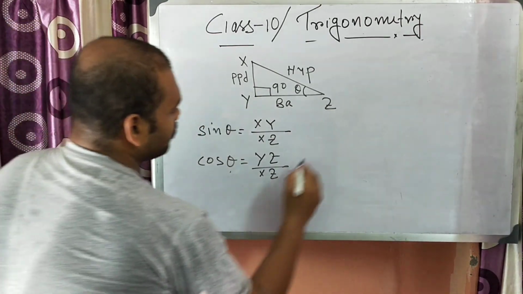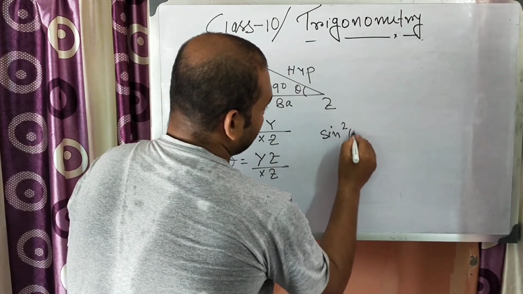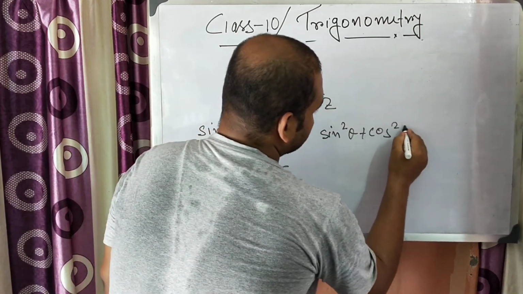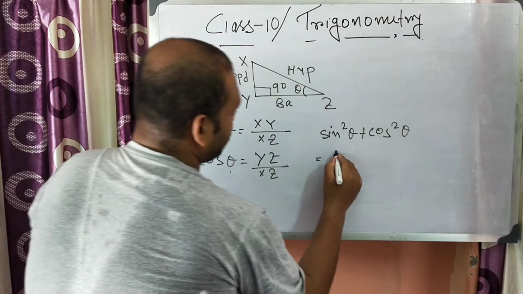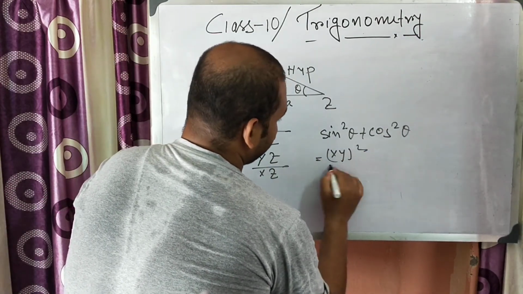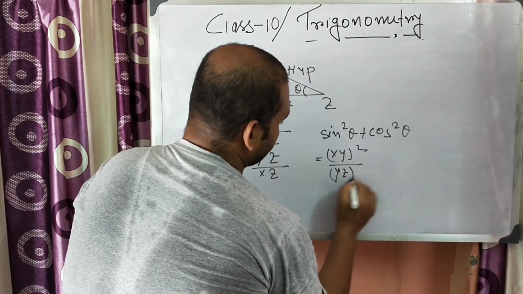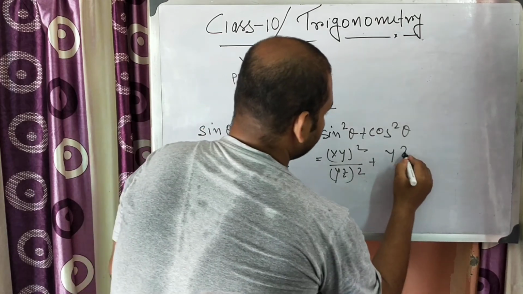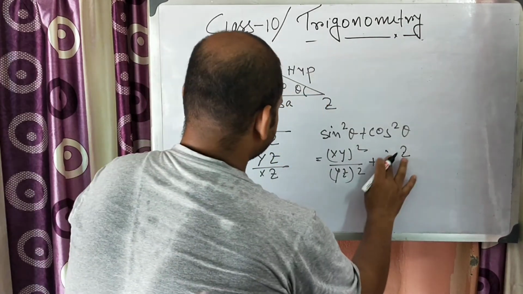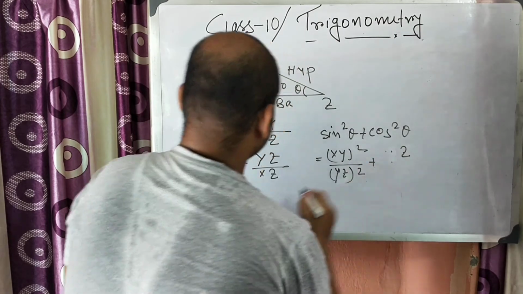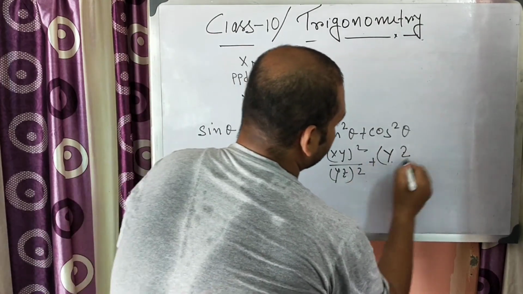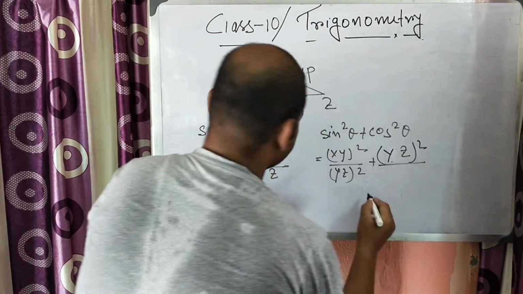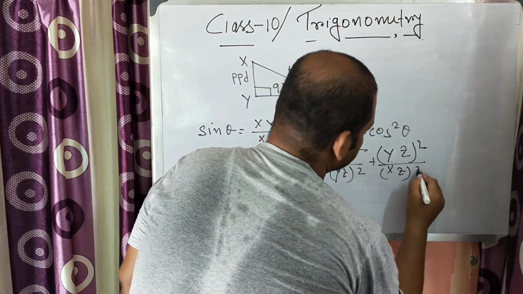Now sin square theta plus cos square theta. Let us see what happens. So it is xy whole square by xz whole square, plus yz whole square by xz whole square.